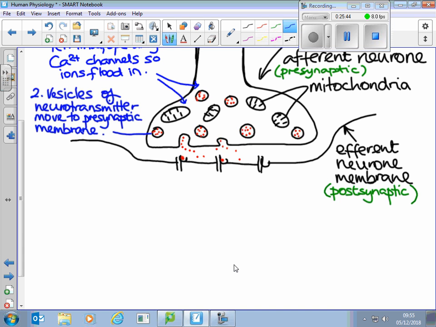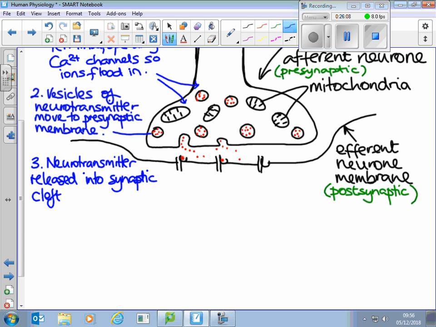So our next bit, the third bit, is that the neurotransmitter is released into synaptic cleft by exocytosis. All right, so that's what's happening up here.